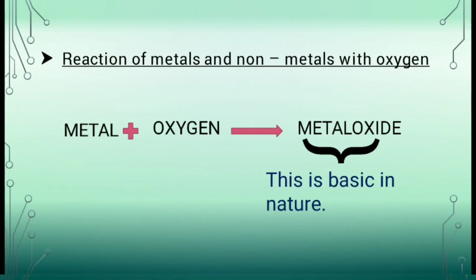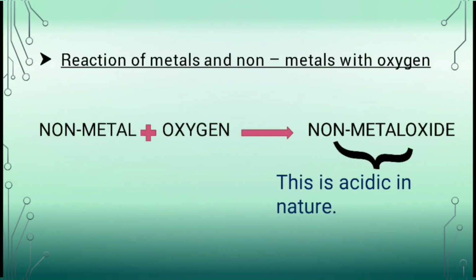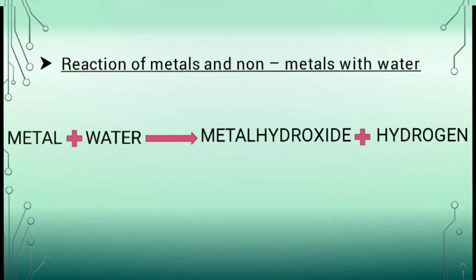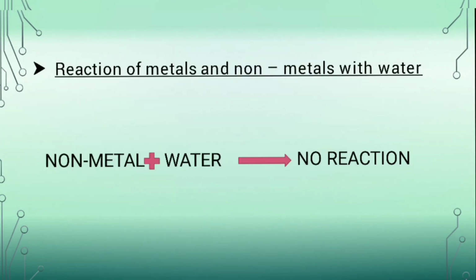And students, we have also learnt that metals react with oxygen to produce metal oxides, which are basic in nature. Nonmetals react with oxygen to produce non-metallic oxides, which are acidic in nature. Some metals react with water to produce metal hydroxides and hydrogen gas, while non-metals do not react with water.